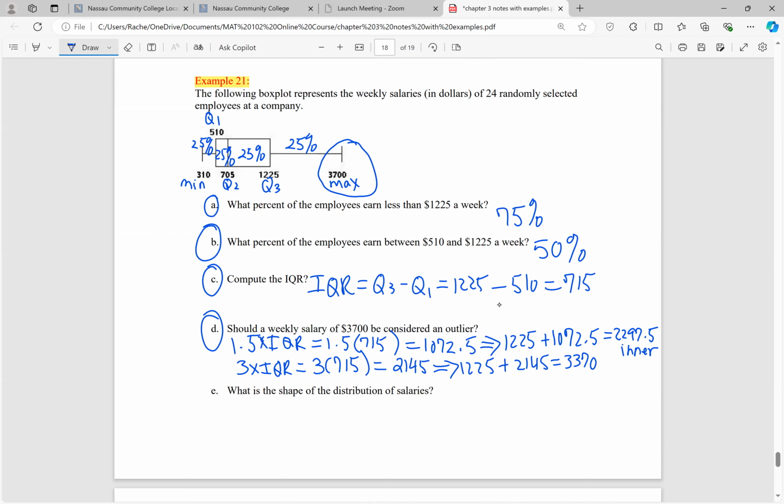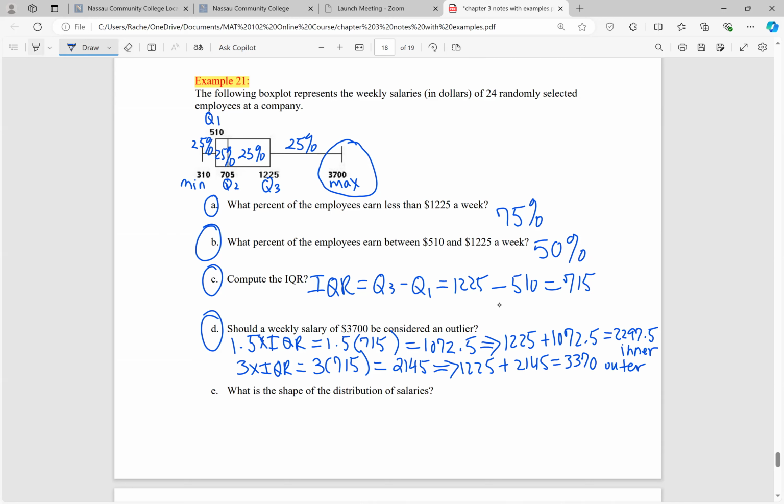And this is going to be the upper outer fence. So anything that lands between the inner and the outer fence, we're going to consider a potential outlier, and anything that falls beyond the outer fence is going to be considered an outlier.